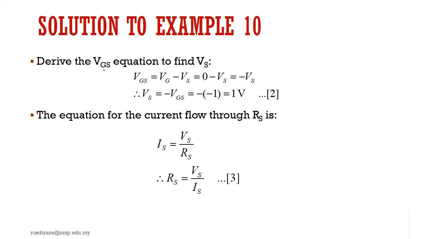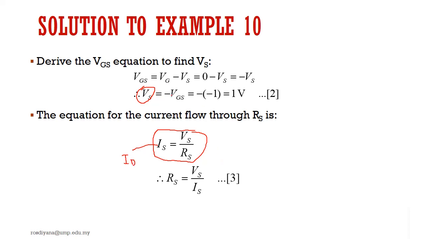And now we know that the VGS equation is VG minus VS. Now we want to find VS, because we know that the IS current is equal to ID, and then we can get the RS directly from this equation. So IS is equal to ID.